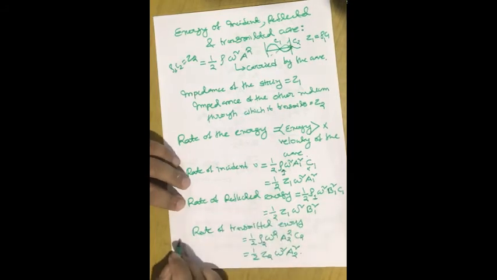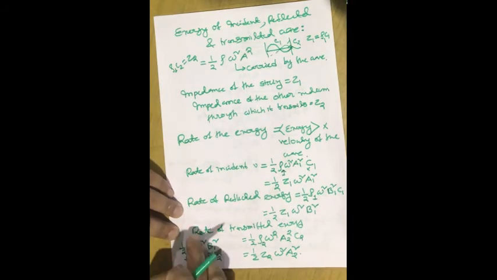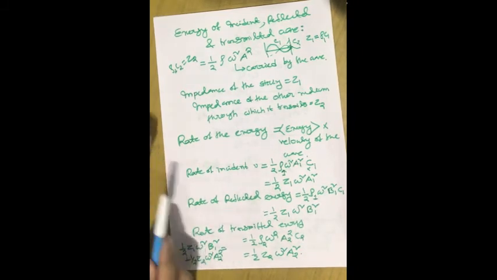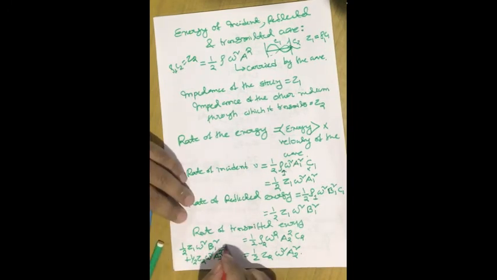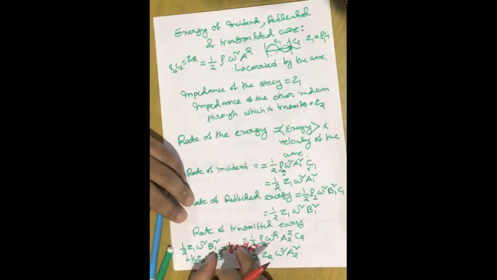So what we can prove is that half into Z1 omega square into B1 square plus half into Z2 omega square into A2 square, the rates of reflected and transmitted energy, must be equal to half into Z1 omega square into A1 square, because this is according to the principle of conservation of energy.